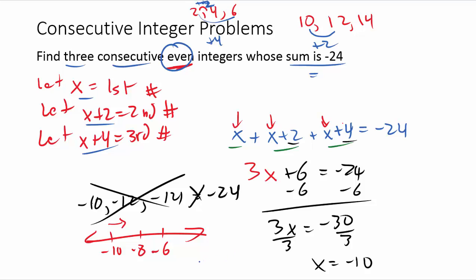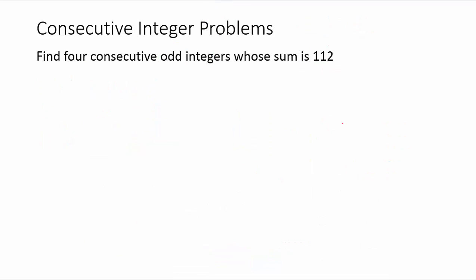So our final answer here should be negative 10, negative 8, and negative 6. When you're dealing with negative numbers, be careful. The numbers should become more positive, which means you're counting negative 10, negative 8, negative 6, almost like backwards. We're going to look at one more here.